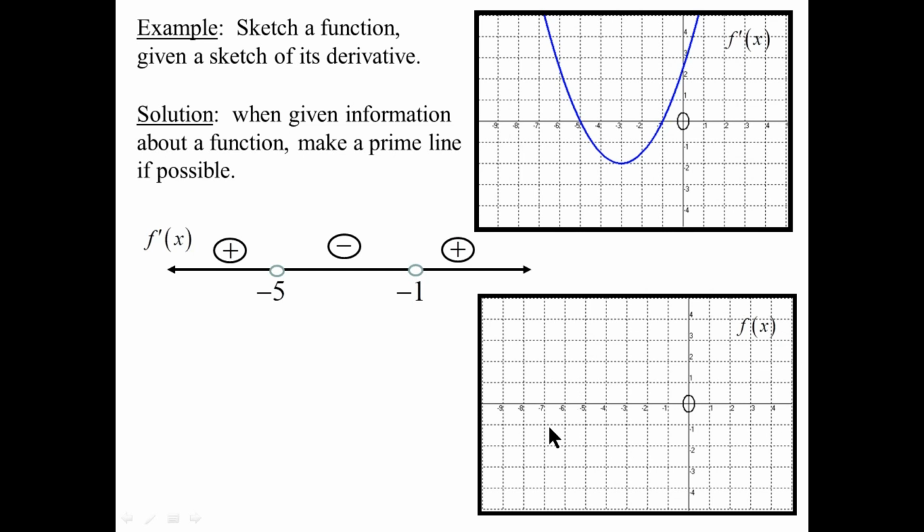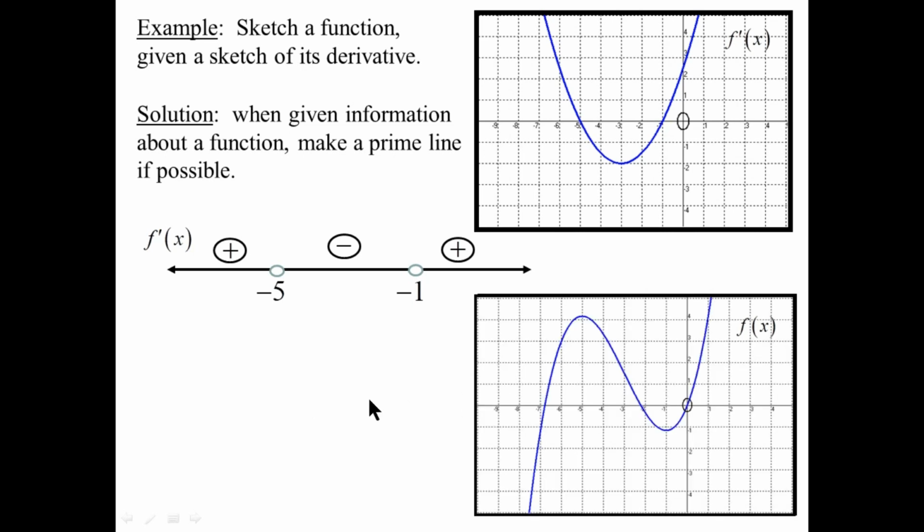So on our answer sheet, we need to draw a function that's climbing until x equals -5, and then descending until x equals -1, and then climbing again. That's one solution.